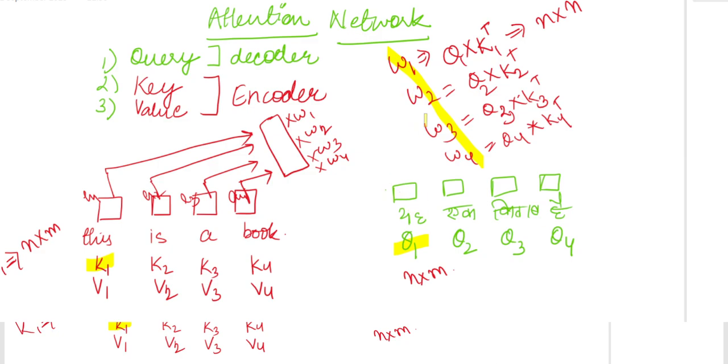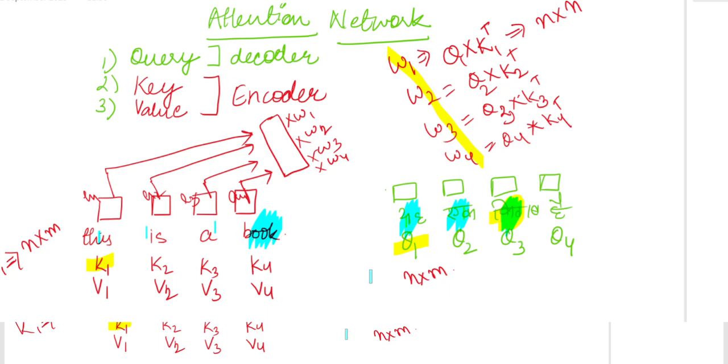To predict, let's say, kitab, the second word, third word, I would like to give weightage to the previous two words. So to predict this third word, I will give weightage to Q2, Q1, and I would also like to give more weightage to book, right? Out of all, this is a book, right?